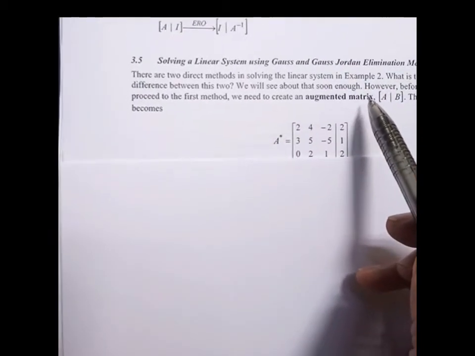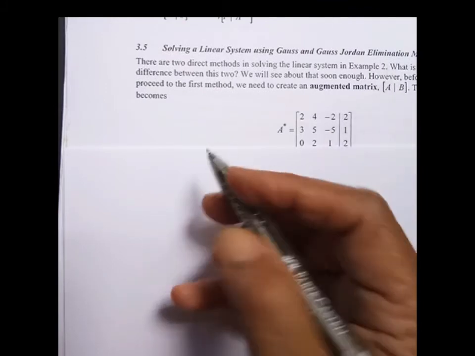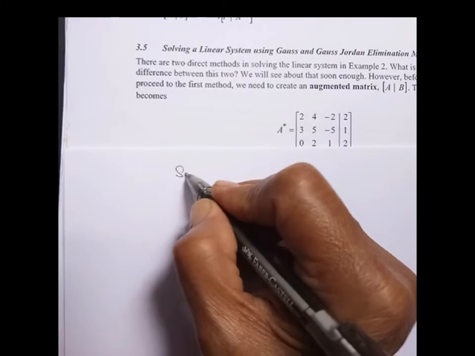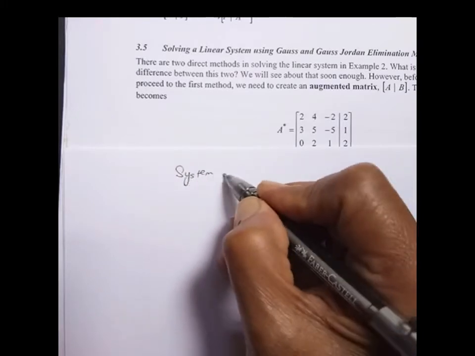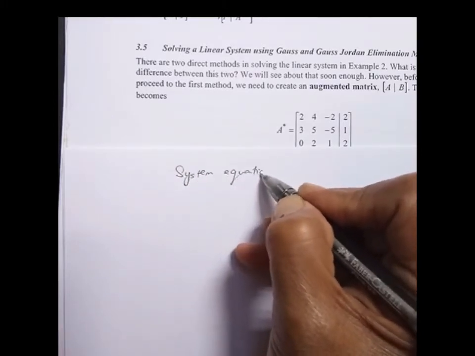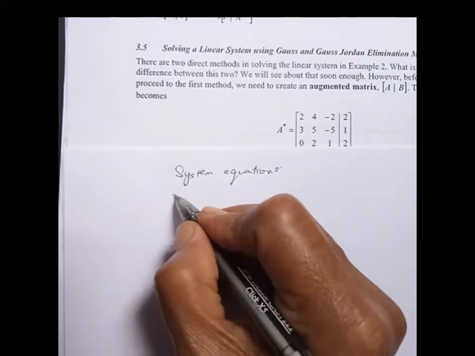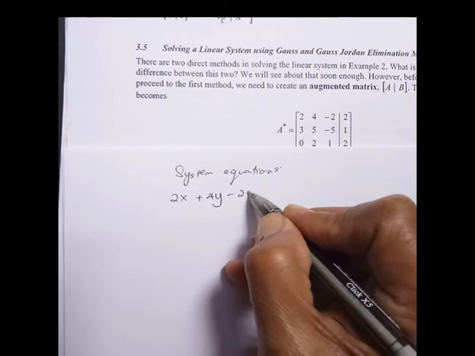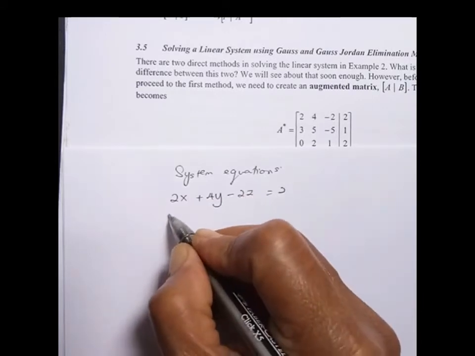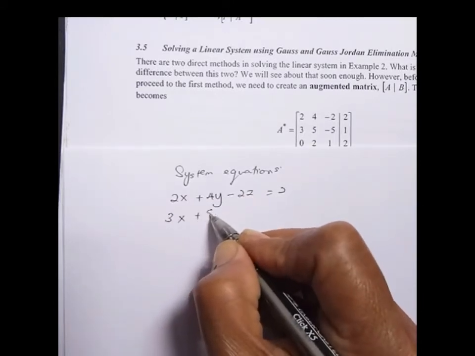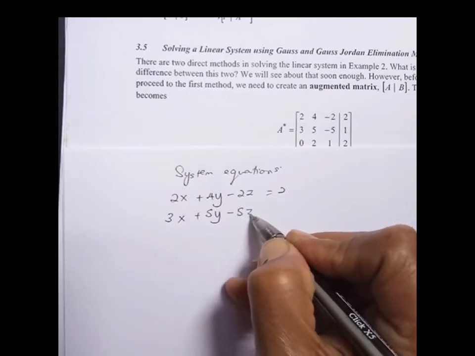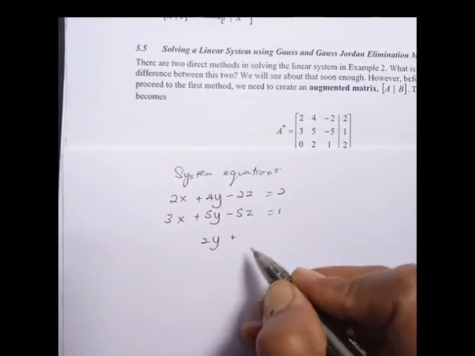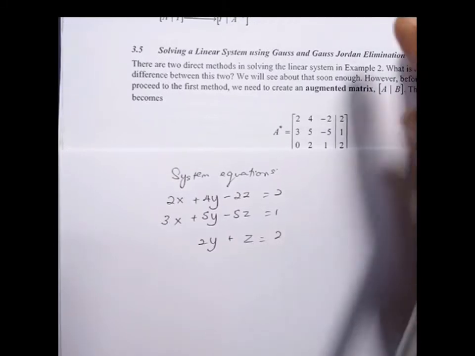Let's say we are given a set of system of equations like minus 5z equal 1, then 2y plus z equal 2.